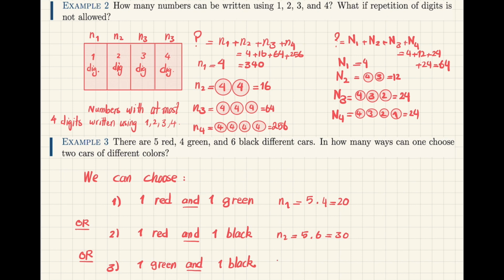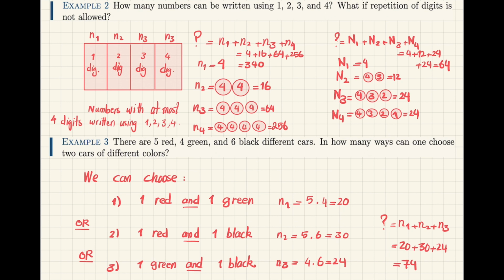And in how many ways can I choose a green car and a black car? This becomes 24. But how many ways can I accomplish the task demanded in the problem? 20 ways is acceptable, 30 ways is also acceptable, and all these 24 ways are also acceptable. So the answer to this question is the sum of these, not the product. This becomes 20 plus 30 plus 24, which becomes exactly as YouTube predicted, 74.